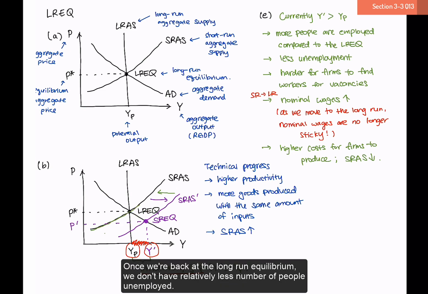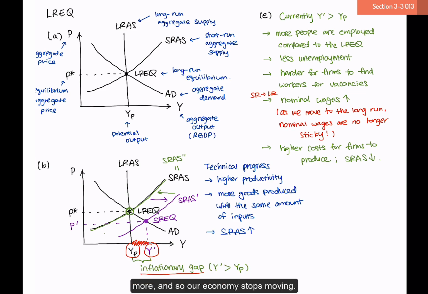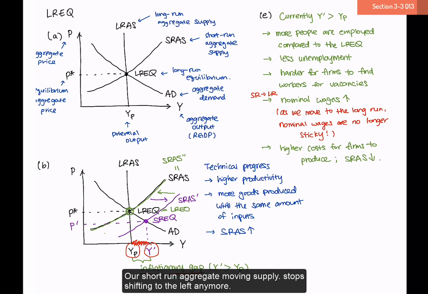Once we're back at the long-run equilibrium, we don't have relatively fewer people unemployed. Firms are back to square one, and firms don't have any more incentive to raise nominal wages. And so our economy stops moving, our short-run aggregate supply stops shifting to the left anymore.